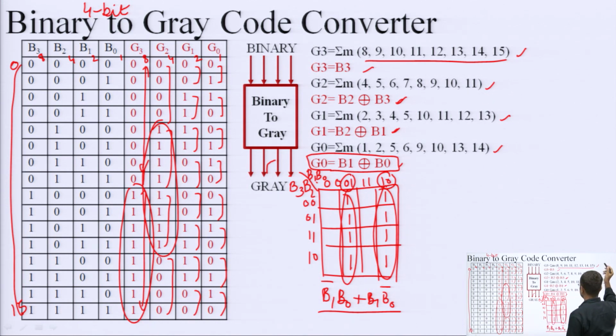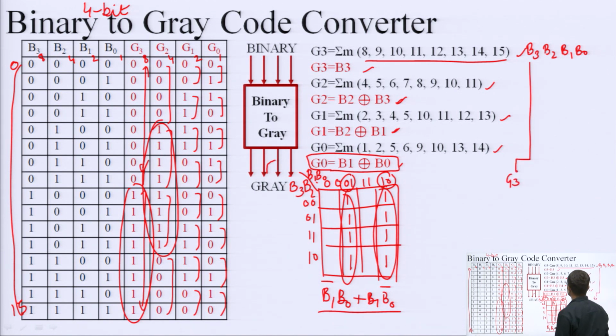Like this, we can say B3 B2 B1 and B0. So, G3 is equal to B3, this becomes G3, then B2 and B3, that means B3 from here and B2 from here.